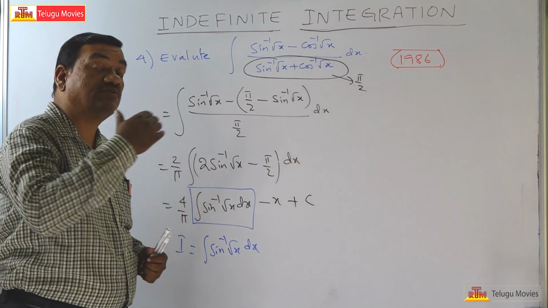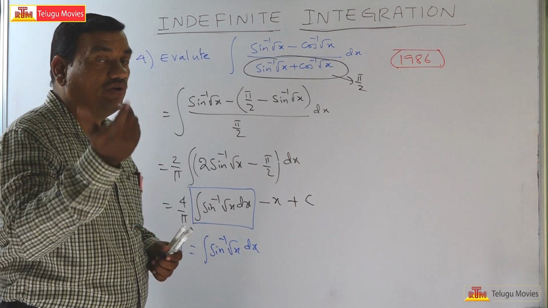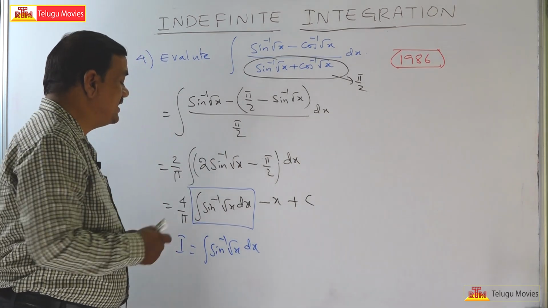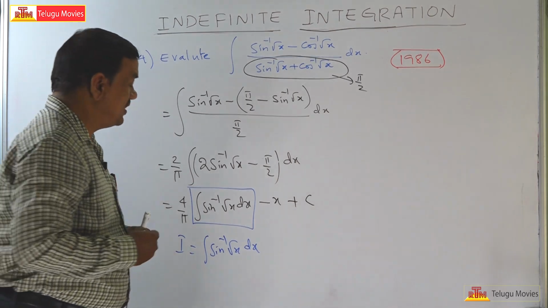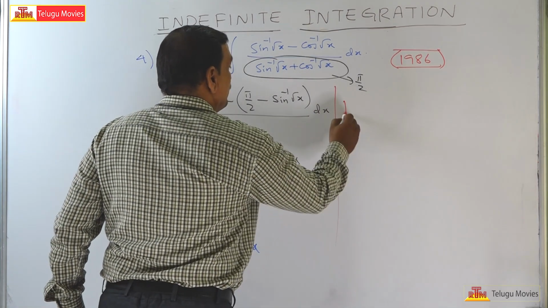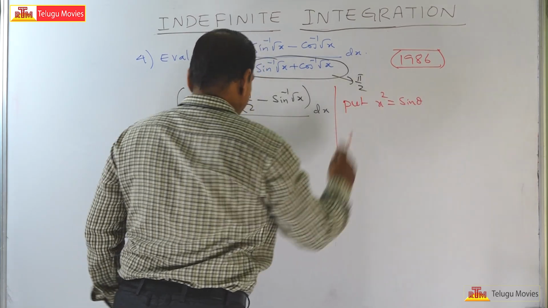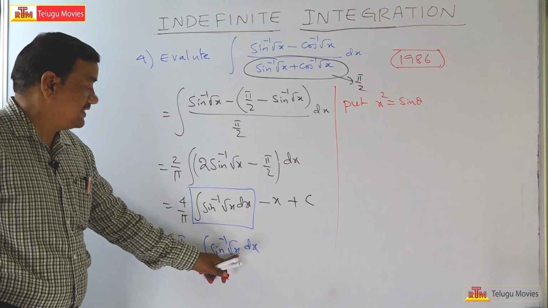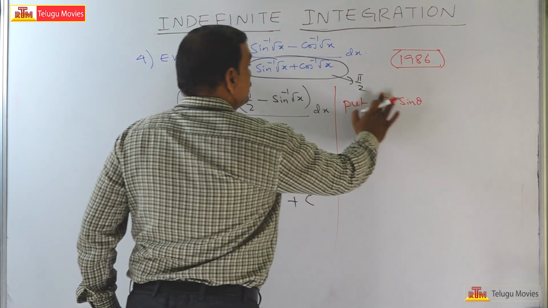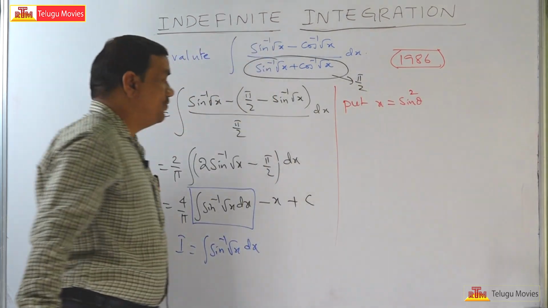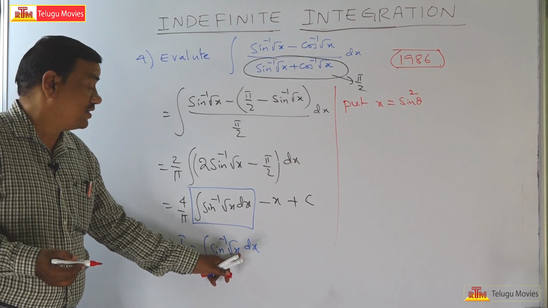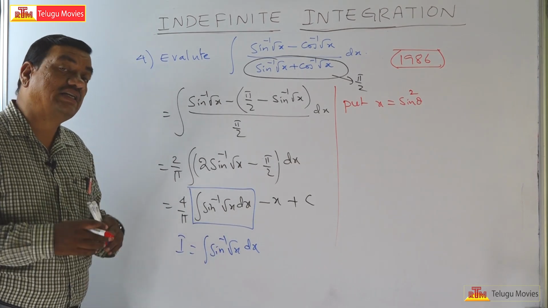Because sin inverse of sin will get cancelled, you will get theta. Now how to get that sin function there? For that you will do like this. Put x is equal to sin square theta. Root of sin square theta is sin theta.